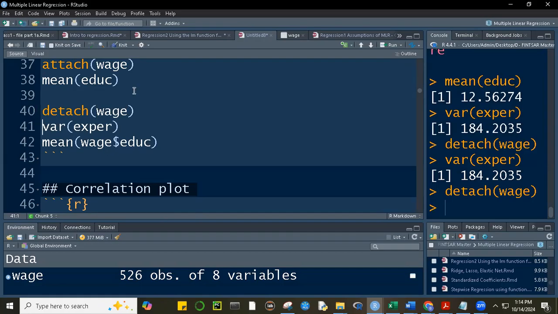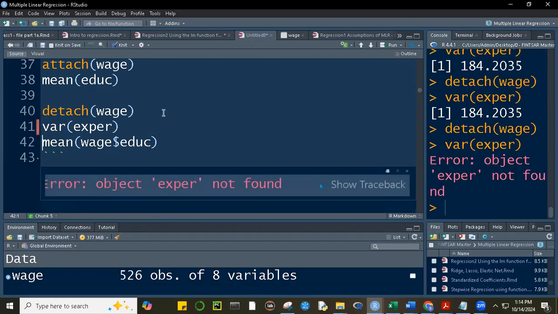Bakit ano? Dapat hindi na siya mag-run. Control enter. Ayan, error. Hindi niya nabasa kanina to, class. Yung detach. Ayan, error, object experience not found. Okay? All right? So you can attach and detach.